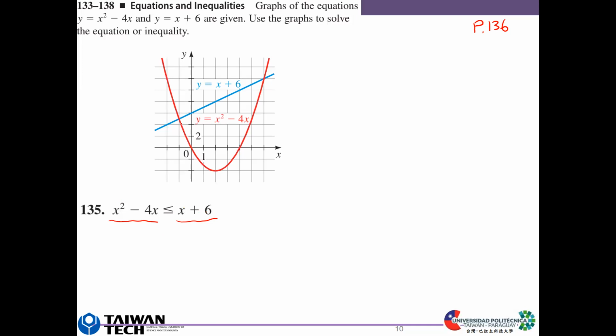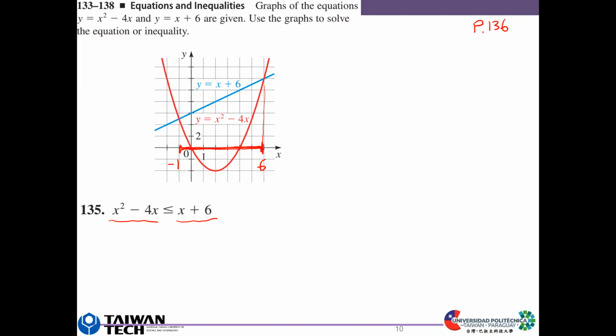So the range where x plus 6 is larger than or equal to x squared minus 4x is from here, this is x equals -1, to here, this is x equals 6. So we could easily solve from the graph.